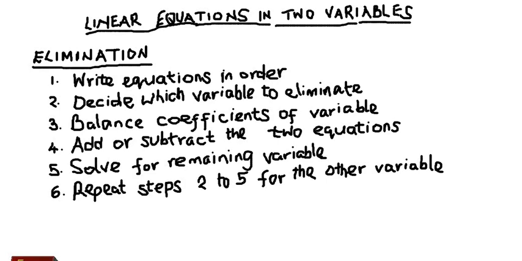So once you have made sure that the variables in your equations are in order, then you need to choose which one of the two variables you want to eliminate. For example, if you have the two equations in x and y, you may decide to eliminate x first, which means you are going to solve and find the value of y.